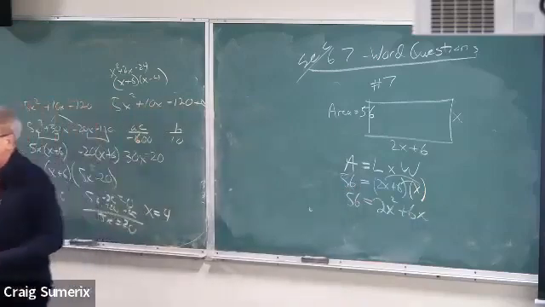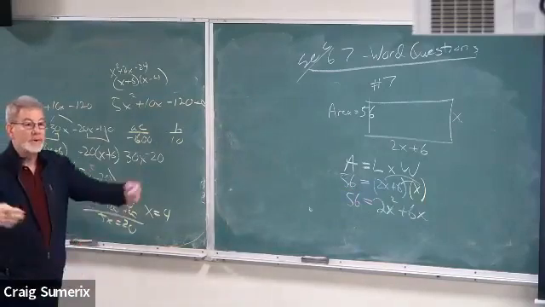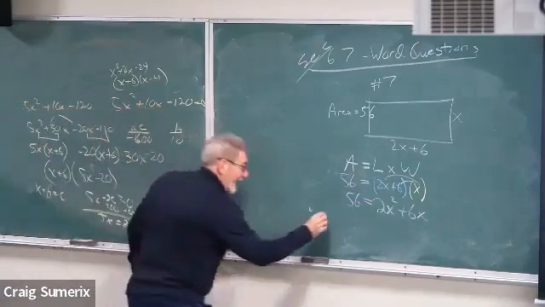Is there something else you can do? What did we do with the 56? We want to make it equal to 0, so then we can factor it, right? That's what we just came from.